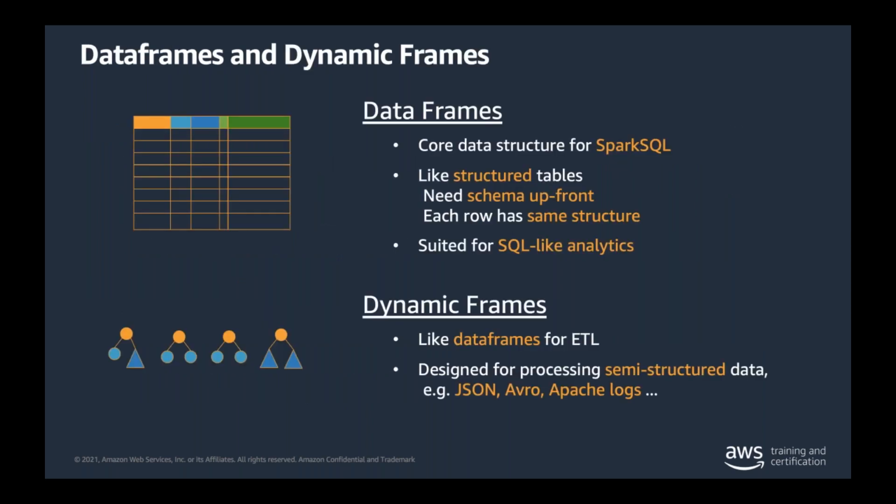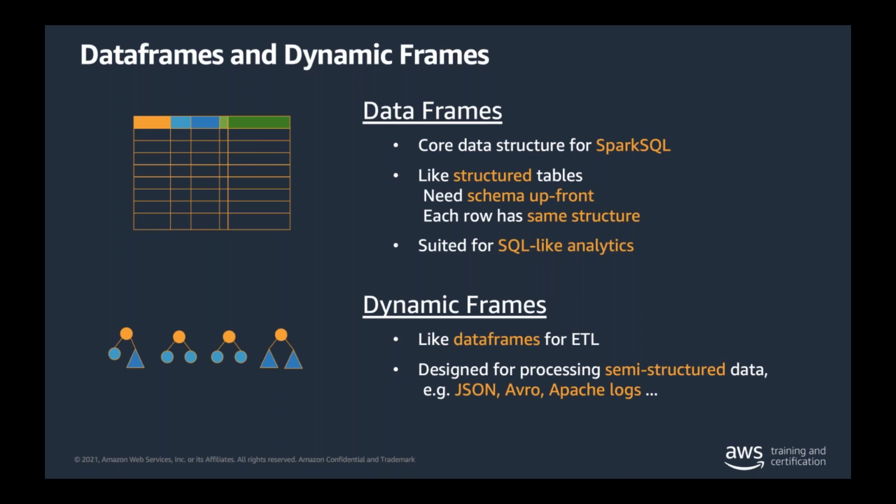So let's dive deep into these two very important key concepts, the data frame and dynamic frames. A data frame is a data set organized into named columns, as I said, which is conceptually equivalent to a table in a relational database. A data frame API supports functional style operations such as map, reduce, filter, etc. And it also supports SQL operations like select, project, and aggregate.